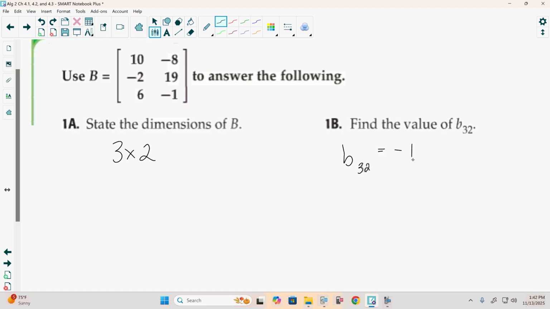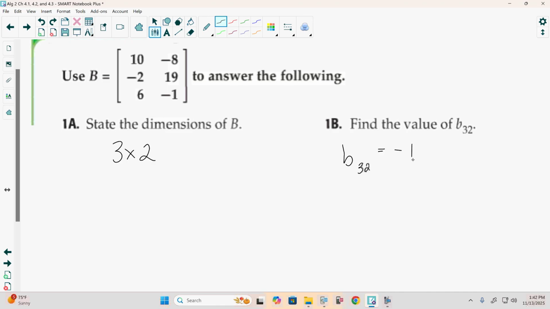Because 3,2, so we go down to the third row, over 2. Now, if we wanted to know the value of B22, what would that be? That would be 19. Second row, second column. Down 2, over 2.